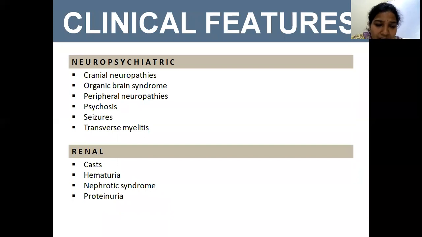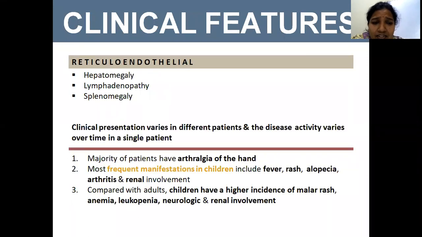Neuropsychiatric: cranial neuropathies, organic brain syndrome, peripheral neuropathy, psychosis, seizures, and transverse myelitis can be seen. And renal: there is hematuria, proteinuria, casts in urine, and nephrotic syndrome is also common. Reticuloendothelial: there is hepatomegaly, splenomegaly, and lymphadenopathy. So clinical presentation varies in different patients, and the disease activity varies over time in a single patient.